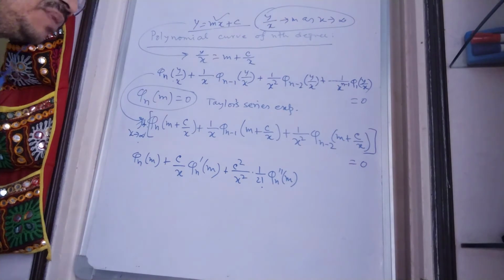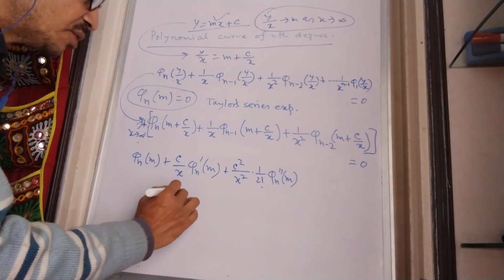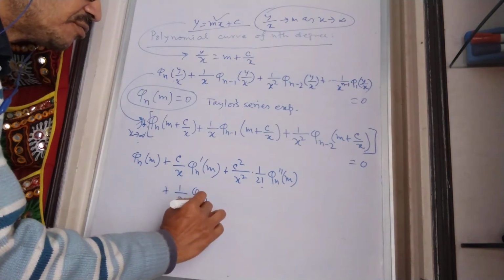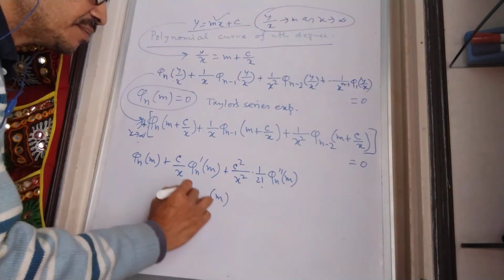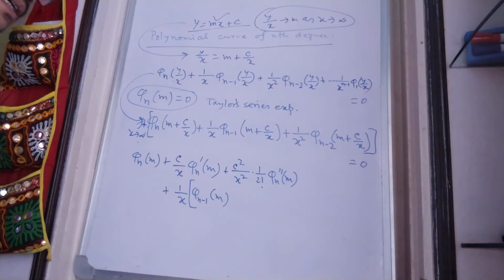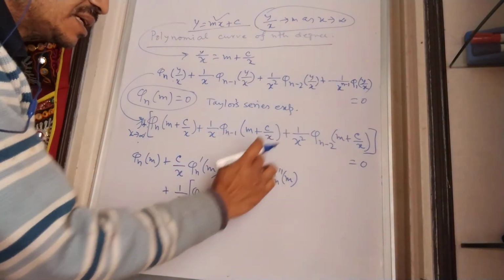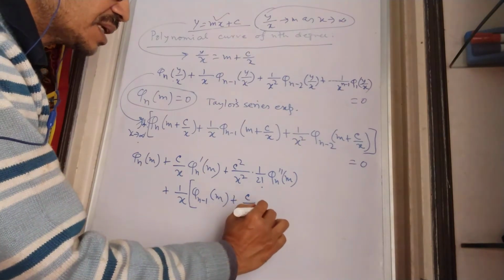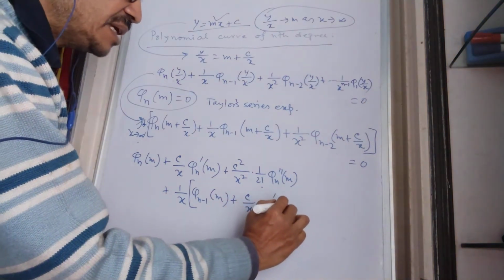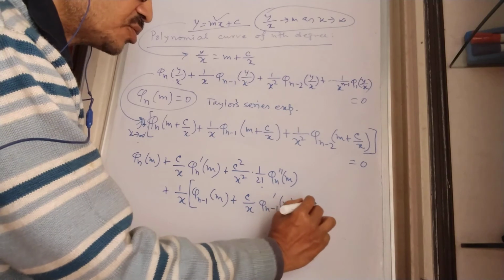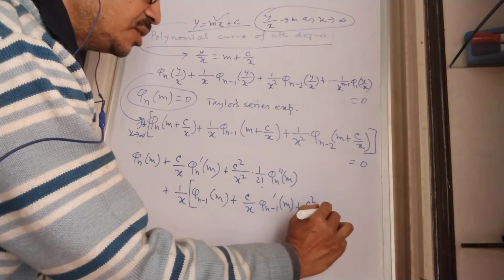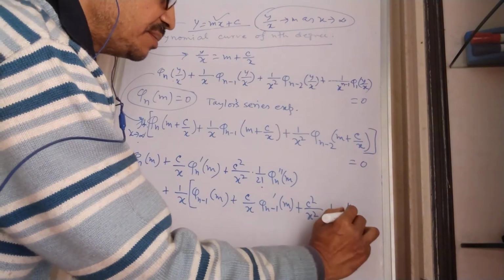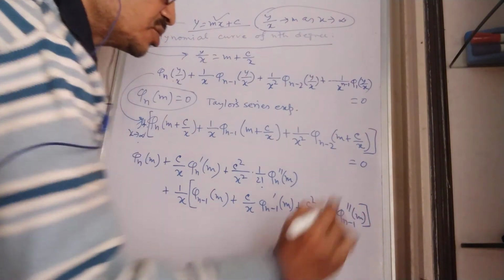Similarly, from the second term, what do we get? We get 1 by x and then we have phi n minus 1 m. Let us keep a bracket here. The Taylor series expansion of this, we have c by x phi n minus 1 prime m plus c square by x square into 1 by factorial 2 phi n minus 1 double prime m, and so on.